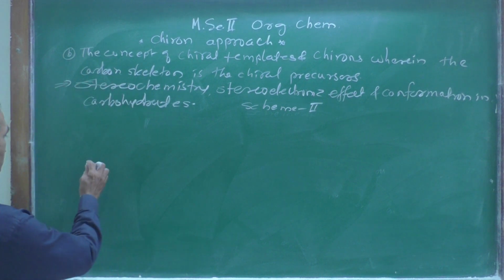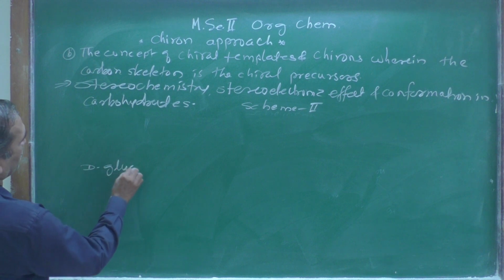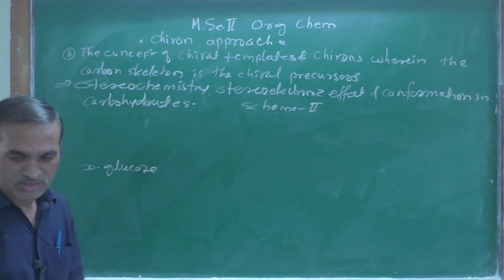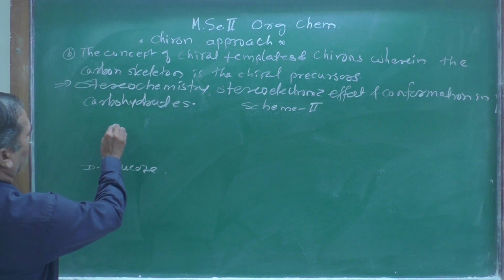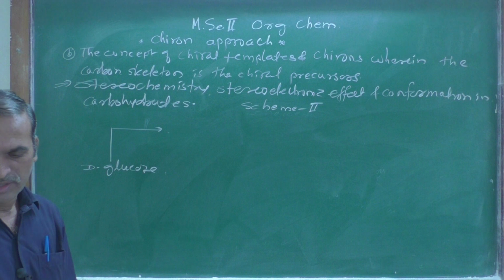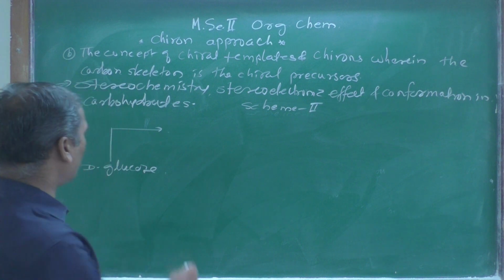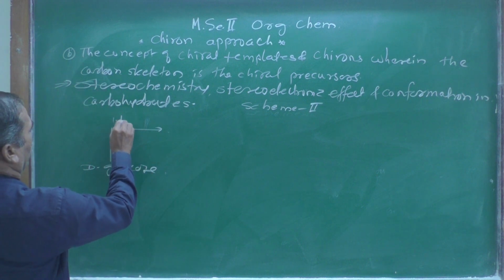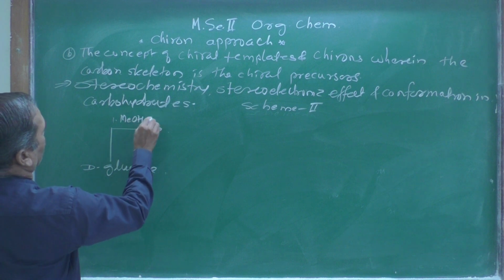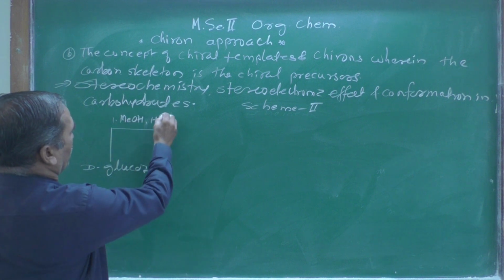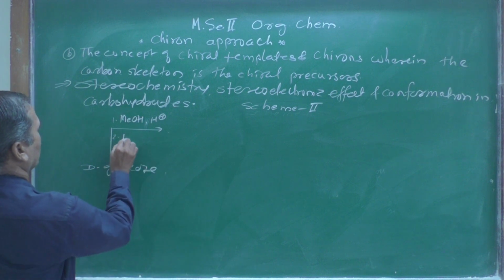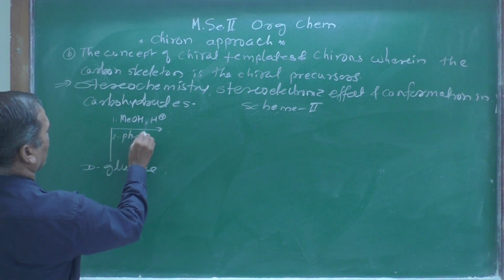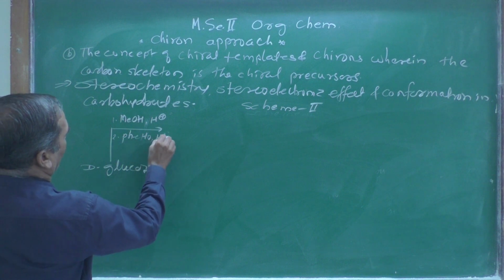As we know, it is D-glucose, and this D-glucose is treated first with methanol in a catalytic amount of acid, and second further treated with benzaldehyde, PhCHO, in acidic medium.